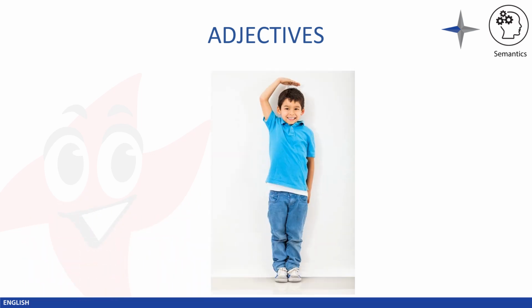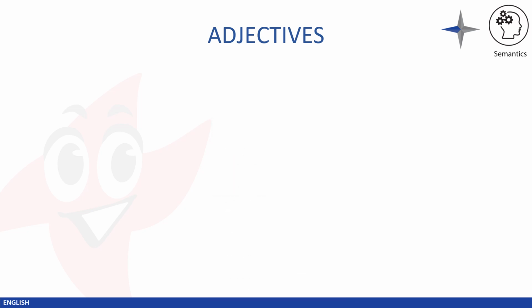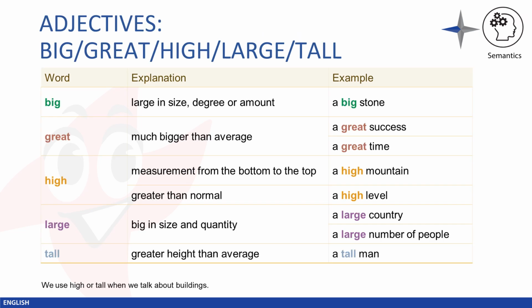Then you will have this little boy, but not so little because it's a tall boy. And on the next slide, you will know some more about the differences between big, great, high, large, and tall as adjectives. And you can see the differences between these words.